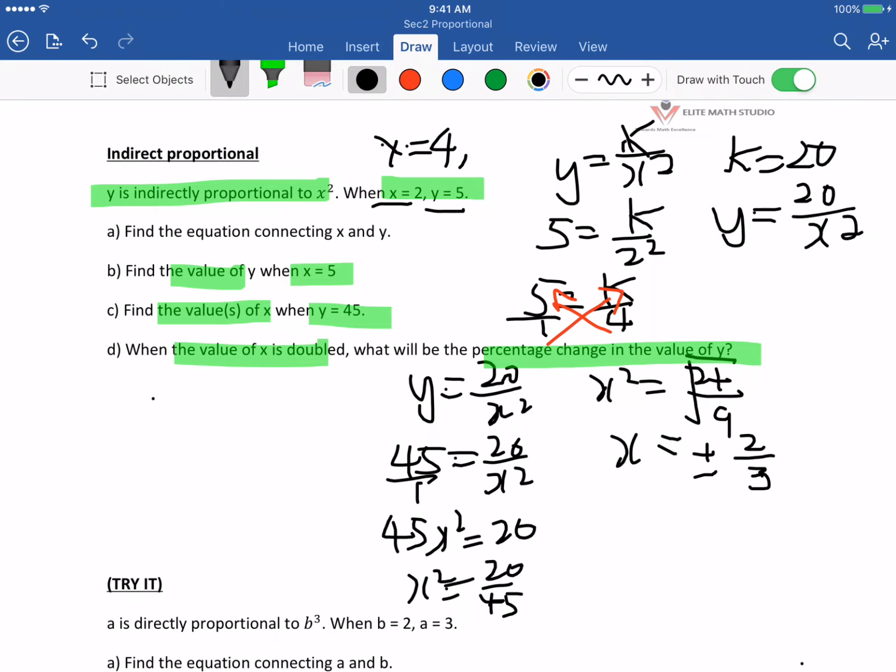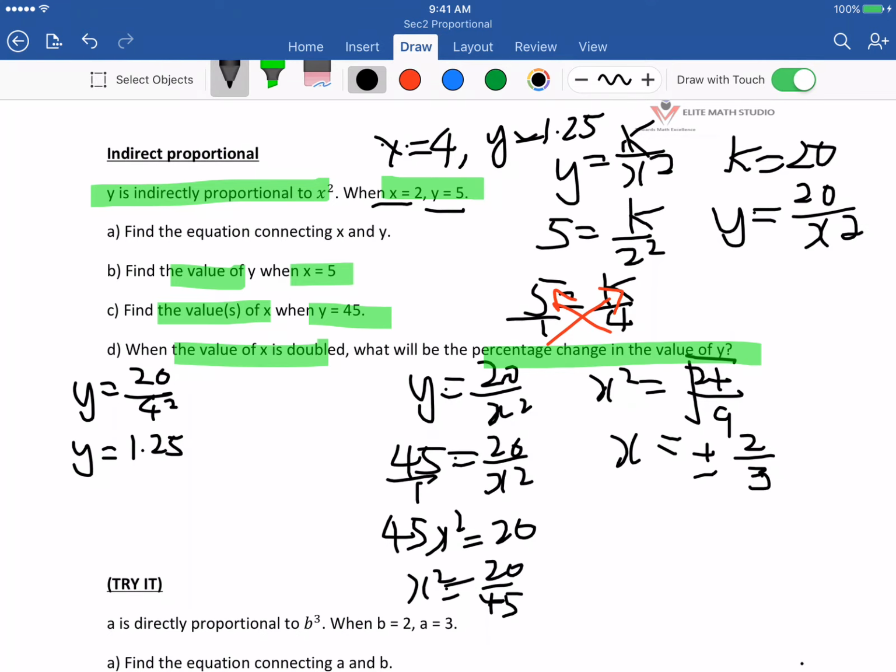So replace x equals 4 into your equation. It should read as y equals 20 over 4 squared. So y is equal to, calculator, I think it's 1.25. So when x equals 4, we know y is equal to 1.25.